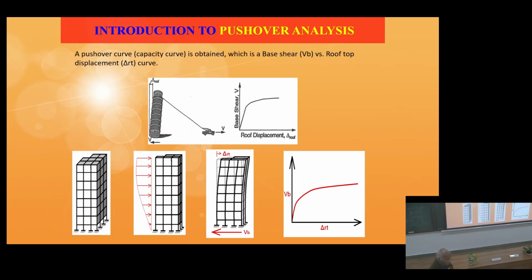Inelastic deformation means at some of the points yielding took place, hinges formed, and one by one hinges formed, leading to a flattening type of thing, and maybe after some time it goes down, it fails. Okay.